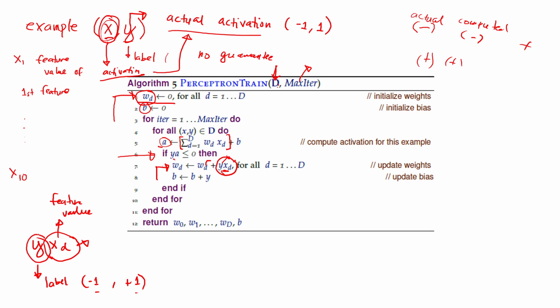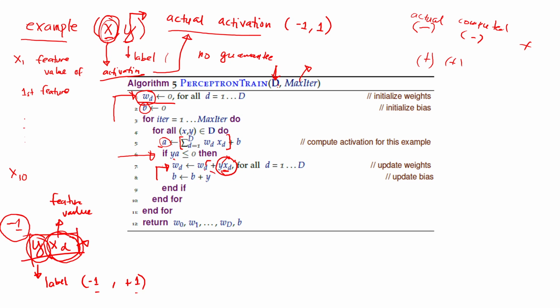So let's say an example, the label is negative, and then we got the wrong activation, so we get the feature value of that specific feature and determine whether it influences towards negative or positive, so we multiply it by the label. That is just the purpose of this term here.